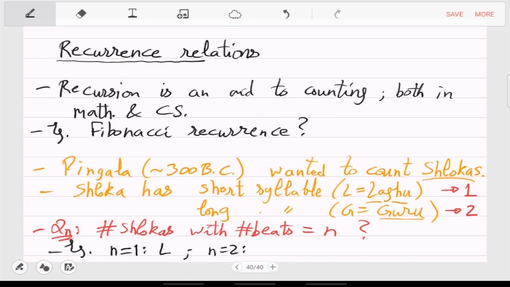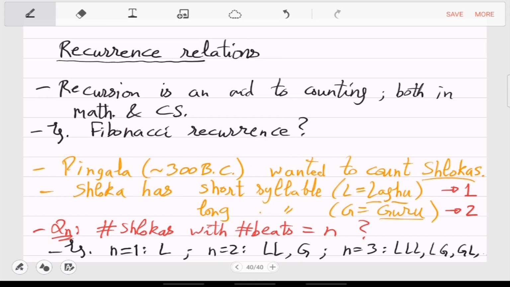So you can have 2 laghu and you have 1 guru. Right? And so on, you can go on. So for n equal to 3, you will have obviously more options. So you can have 3 laghu, or you can have 1 laghu, 1 guru, or you can have guru and laghu and so on. Right? It's a shlok, so order is important.